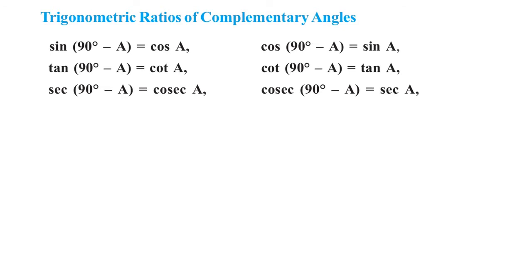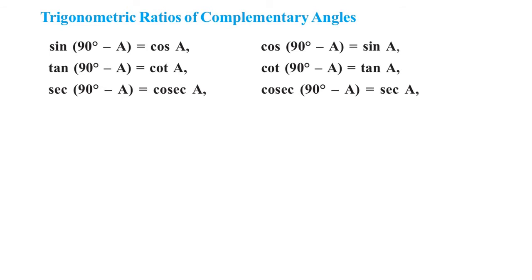The summary of the trigonometric ratios of complementary angles: sine 90 minus A is equal to cosine A. Cosine 90 minus A is equal to sine A. Tan 90 minus A is equal to cot A. Cot 90 minus A is equal to tan A. Secant 90 minus A is equal to cosecant A. Cosecant 90 minus A is equal to secant A. So, this is the summary of the trigonometric ratios of complementary angles. Based upon this, let us solve some of the problems.